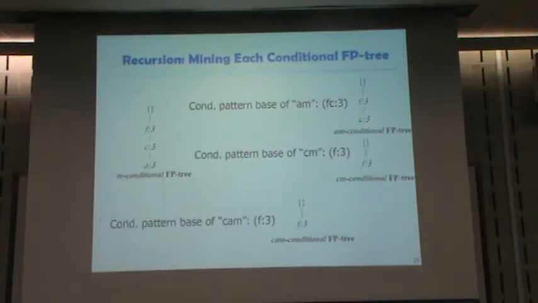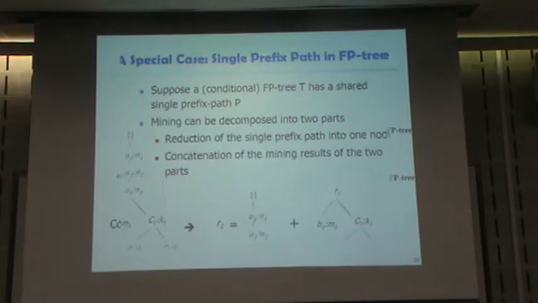However, it depends on what is the conditional pattern base. If we consider conditional pattern as the AM, it will be FC conditional FP3 from here, so we can find FC only and or F only. But based on that the base pattern. Okay. So that is the FP3.